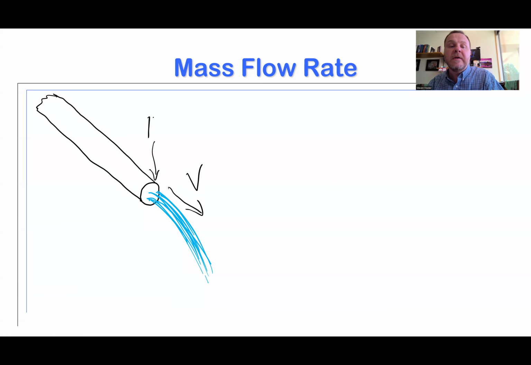And I've got a cross-sectional area of that conduit. If I know the cross-sectional area and the speed at which it's coming out, then I can find the mass flow rate, m dot, which is the density of the flow, that's mass per unit volume, times v dot, the volumetric flow, that's volume per unit time.